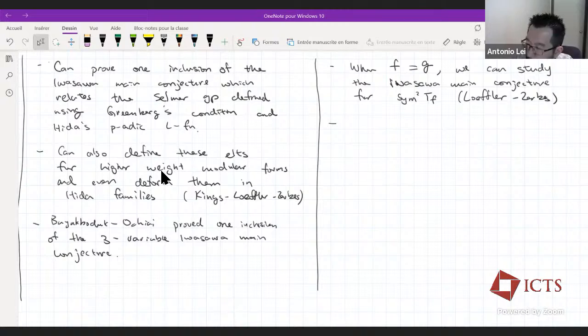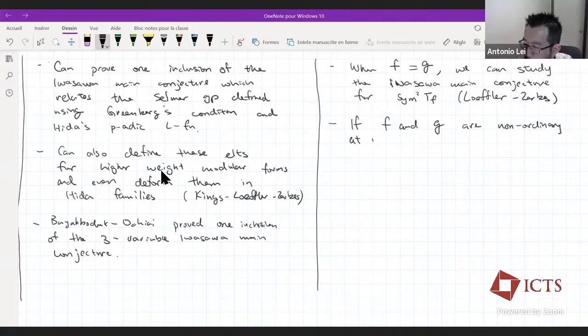So if F and G are non-ordinary at P, then you have to do something slightly different. You would get a system of elements still, but they are not integral anymore. They would give you something like this.